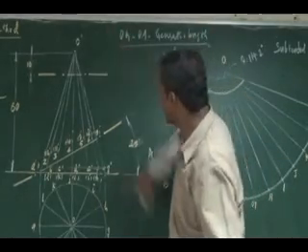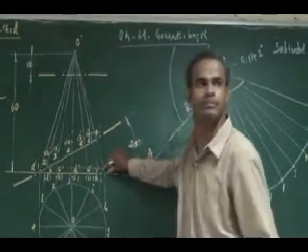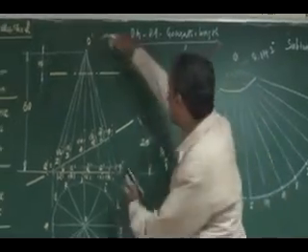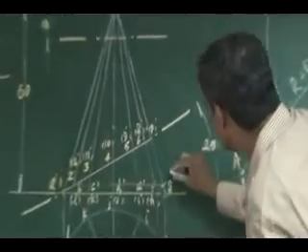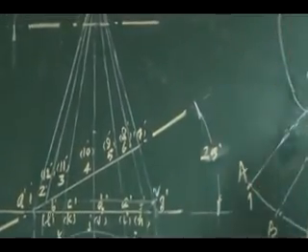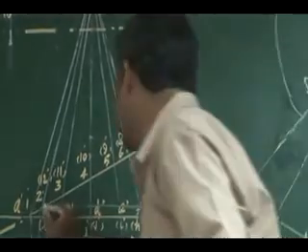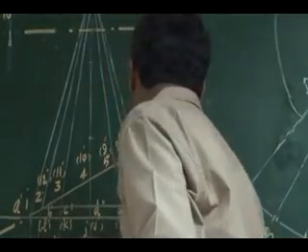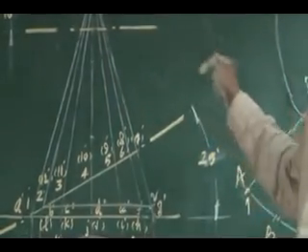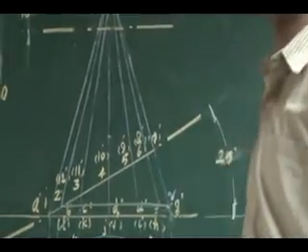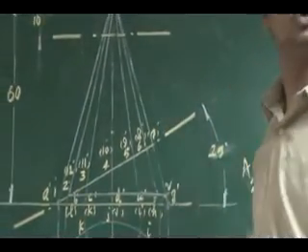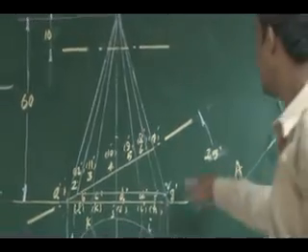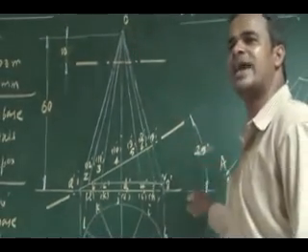Along OG, what is this length? Or otherwise, from O to this point 2. So I have to project this cutting point to a generator which is showing the true length. The generator showing true length is my OG.